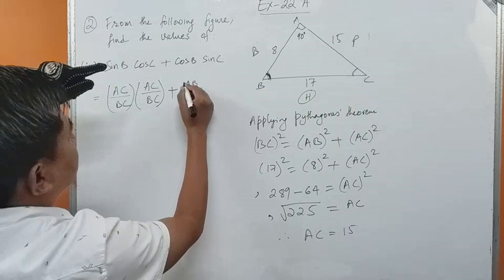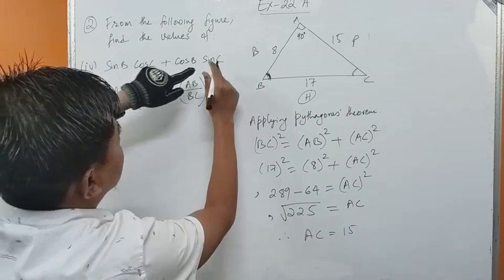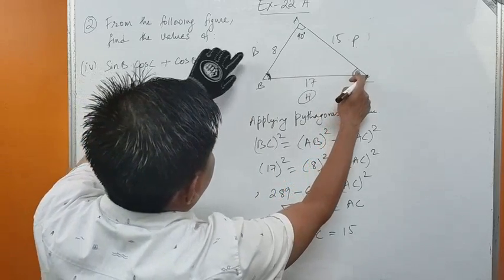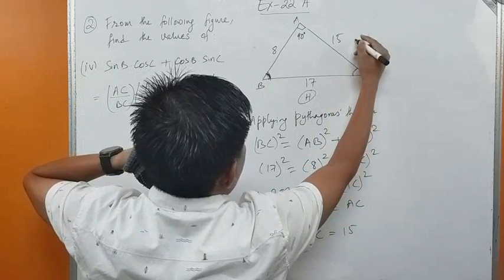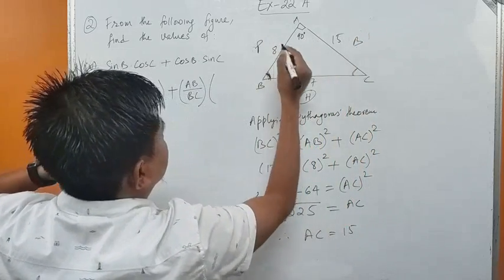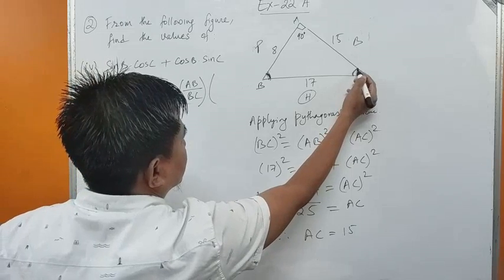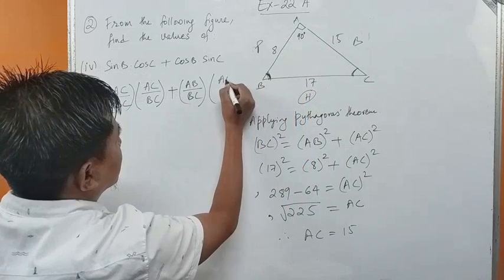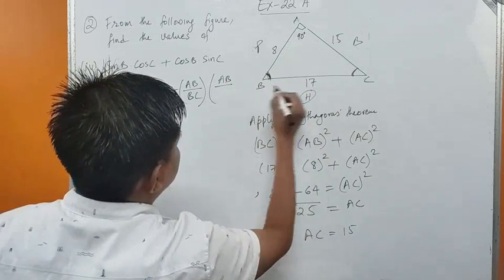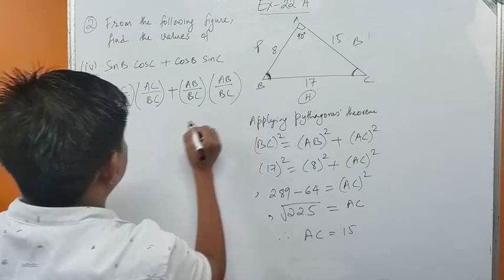Hypotenuse always remains fixed. Into sin C. Now we are talking about this angle again. So when we are talking about this angle, this becomes base, this becomes perpendicular. So sin theta means perpendicular upon hypotenuse. AB upon hypotenuse, which is always BC.